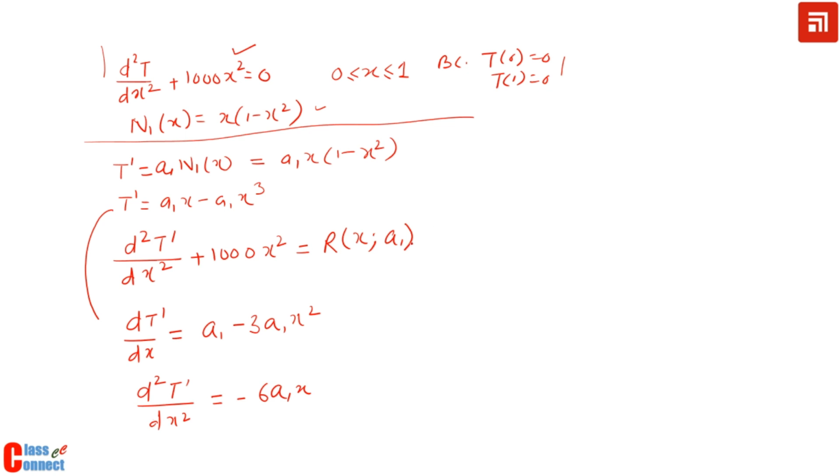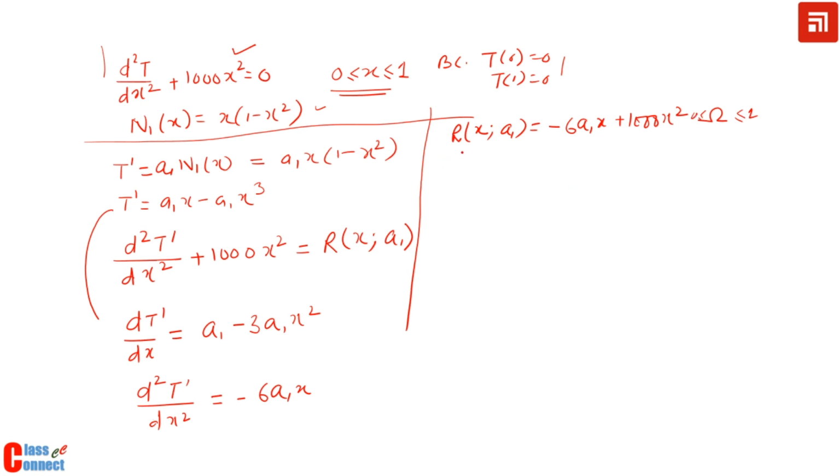So now we have this value, I can substitute it here and get the residual R(x, a1) equal to minus 6 a1x plus 1000 x square, and the domain in this case is from 0 to 1.